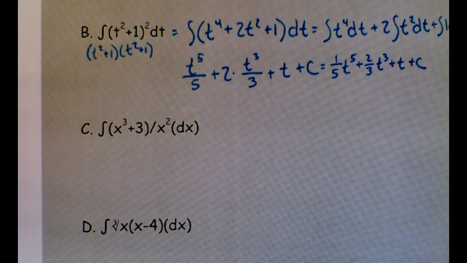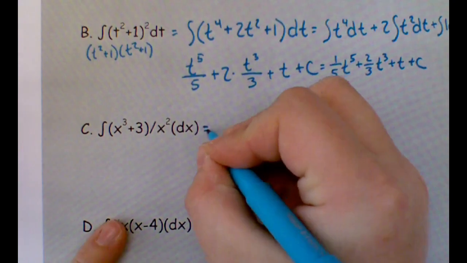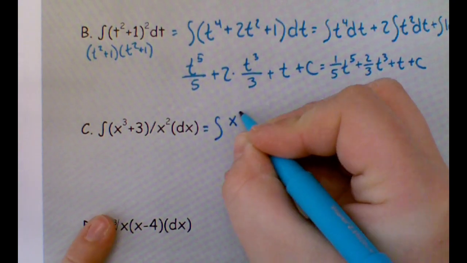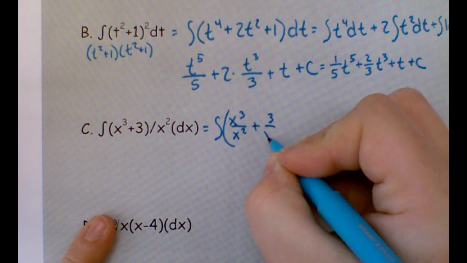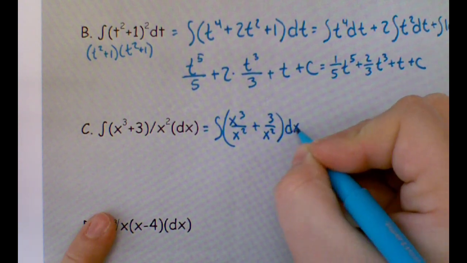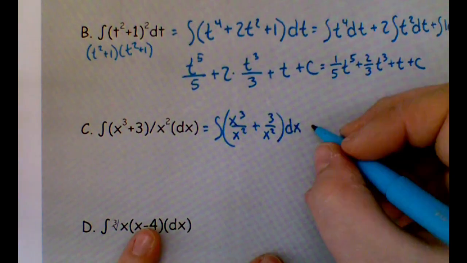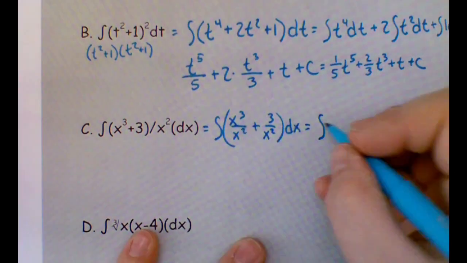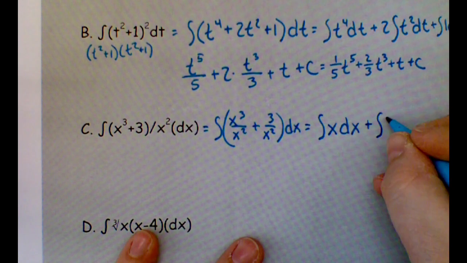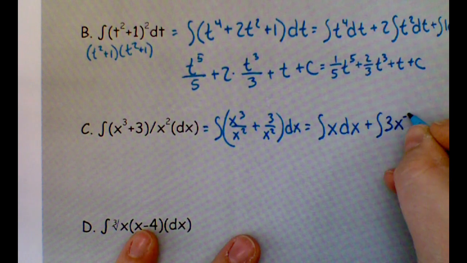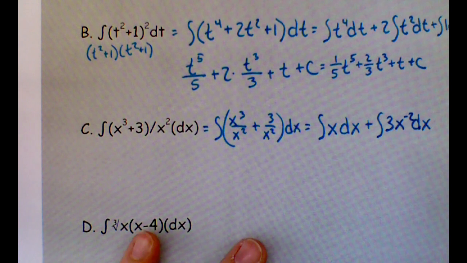All right, letter C here looks a lot crazier than it really is. We want the antiderivative of x cubed over x squared plus 3 over x squared dx. I just broke that fraction apart, which is really the antiderivative of x dx plus the antiderivative of 3x to the negative 2nd power dx.